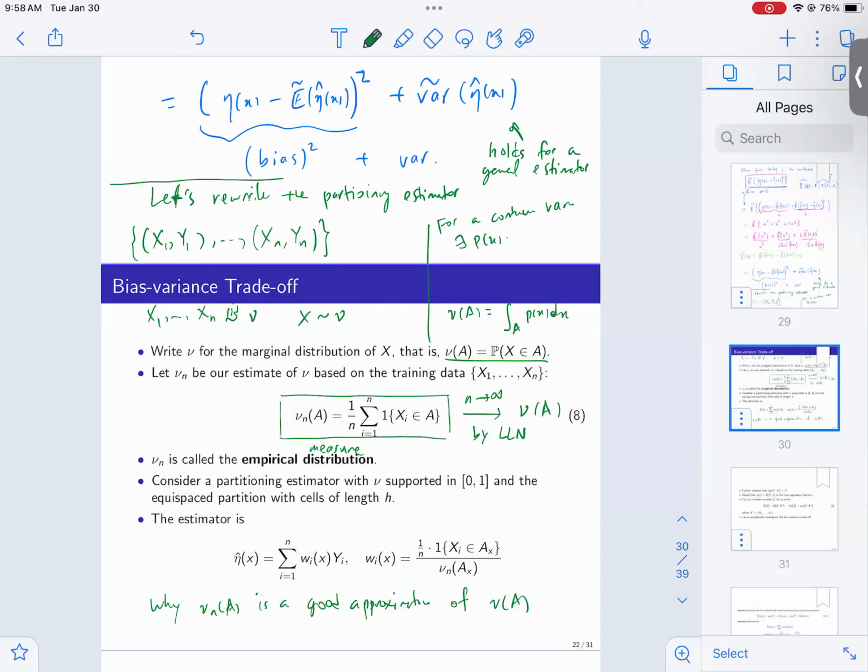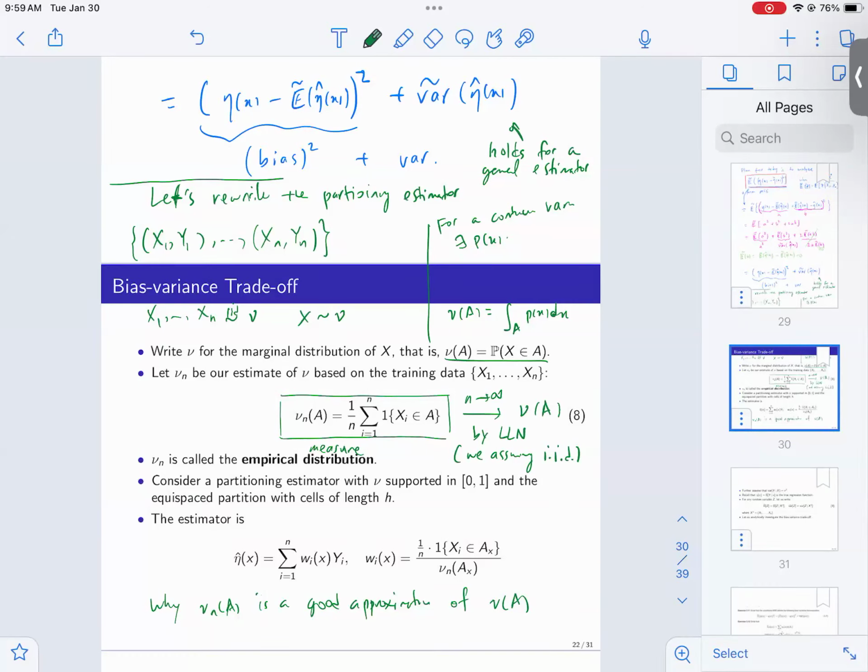And we have the independence that we need: by assumption, the xi are IID, so this is a good estimate that converges as n goes to infinity to nu of A. We are assuming IID. That's key. So the empirical distribution is a good approximation.